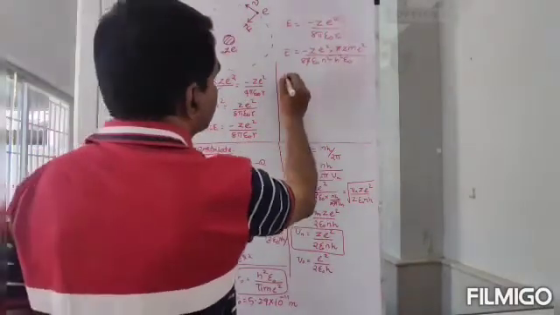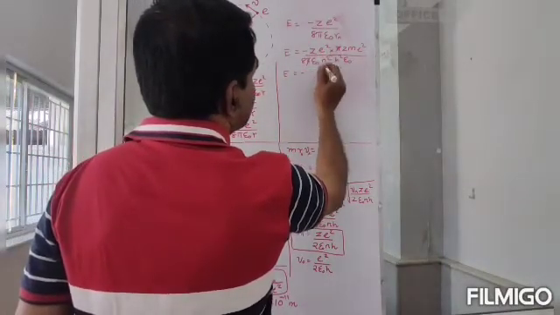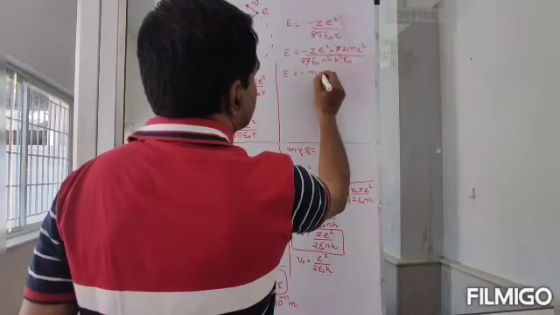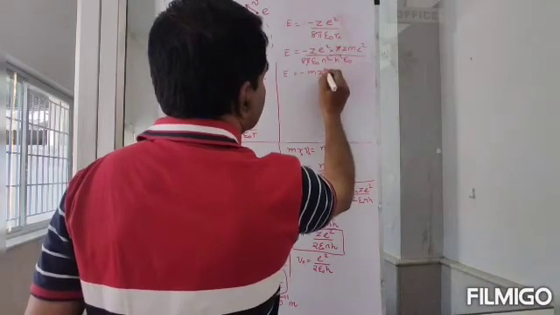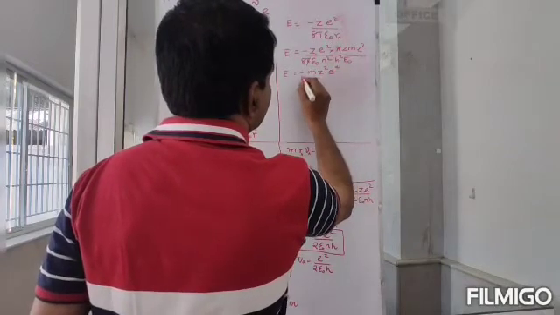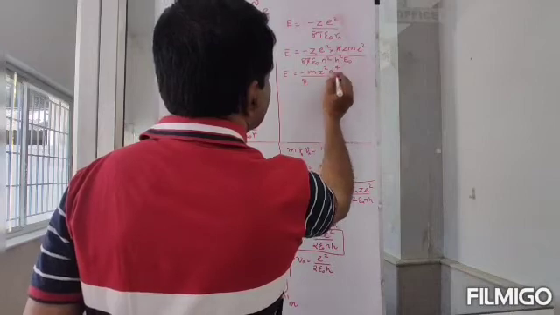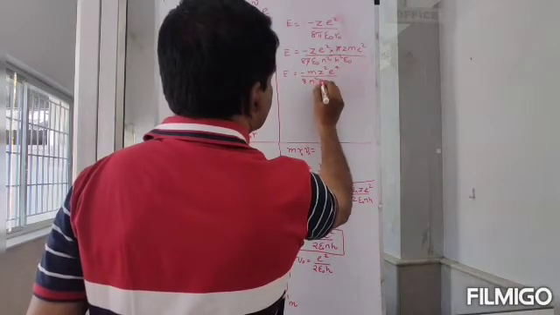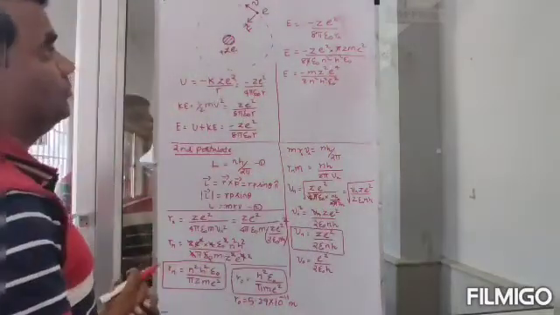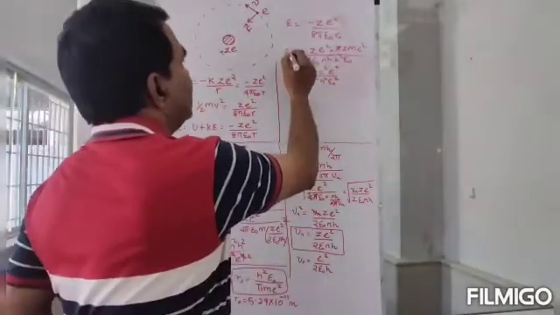So what would it be left with? This E is now going to be equal to minus m Z squared e to the power 4 divided by 8 n squared h squared epsilon naught squared. Okay, so that's the total energy of the nth orbit.